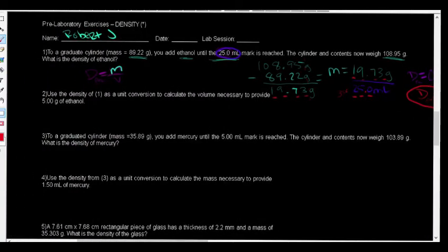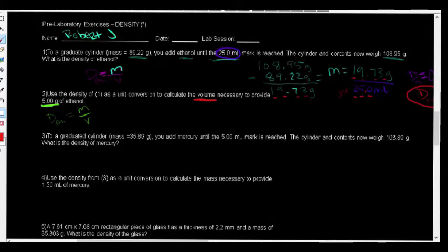This one, number 2, I'm going to show you how to set it up, but I'm not going to do the actual answer. So if we have our density, it says to use the density that we calculated, we know that that's a mass over a volume. In this case, we're given a mass and we want to know the volume.